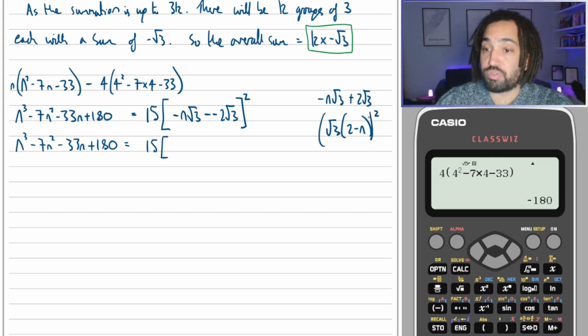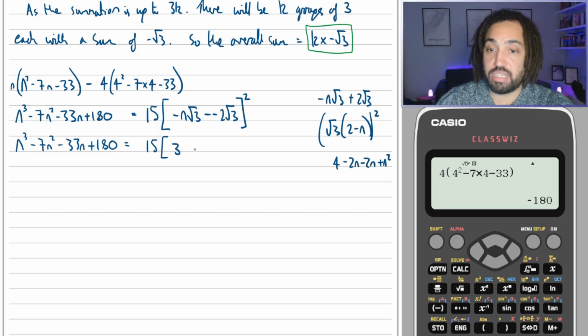So squaring the root 3 is going to give me 3 lots of, and when I square this I get 4 minus 4n plus n squared.